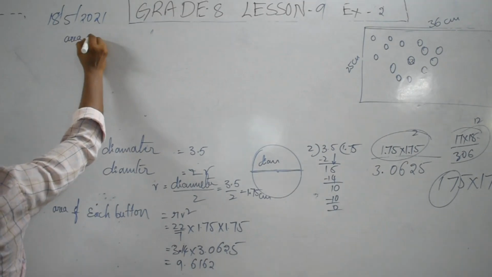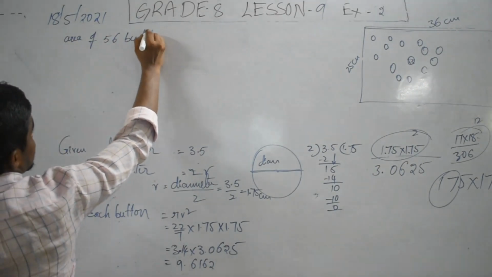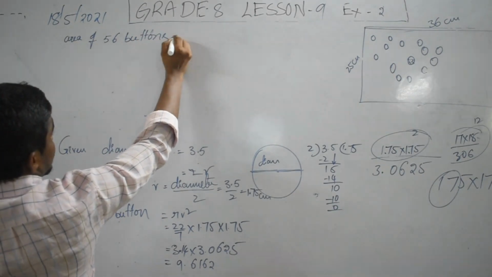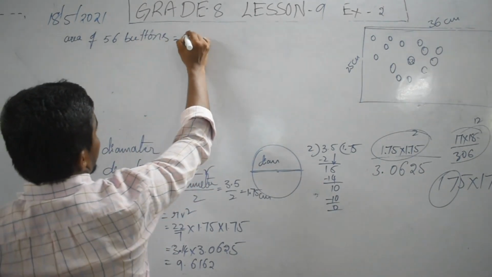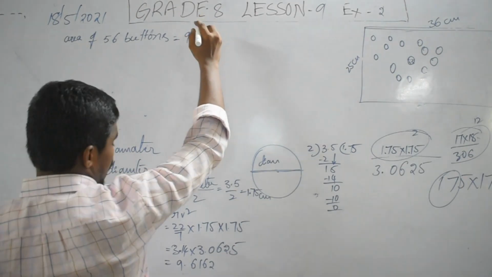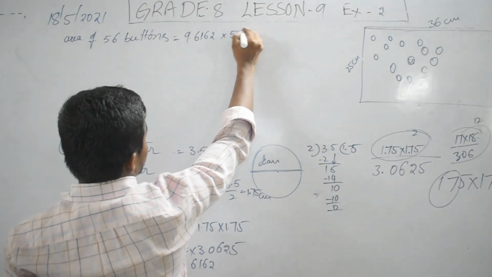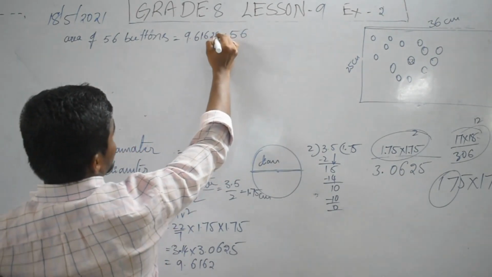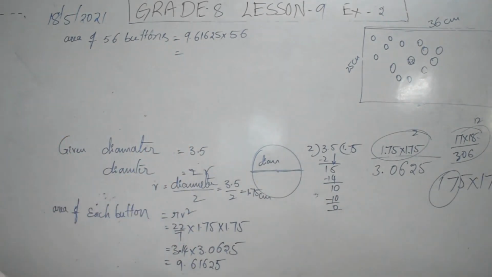Area of 56 buttons, how much? 9.6162 cross out 56. You multiply.